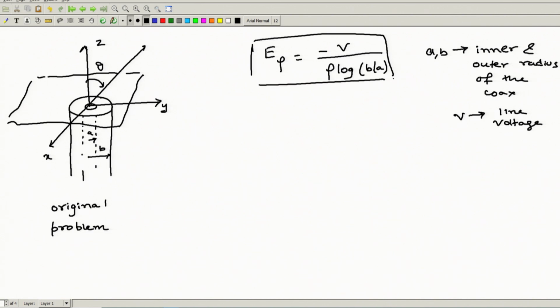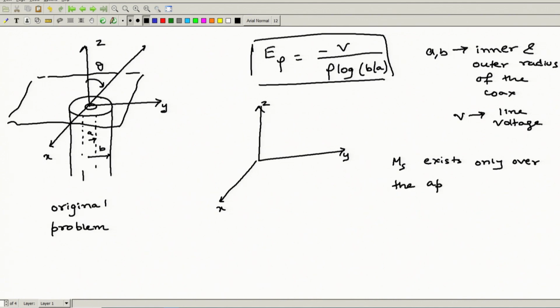Now, we can change this original problem, we can draw like this. This is Z, this is Y, this is X. This aperture will be replaced by magnetic surface current, Ms. Where does it exist?